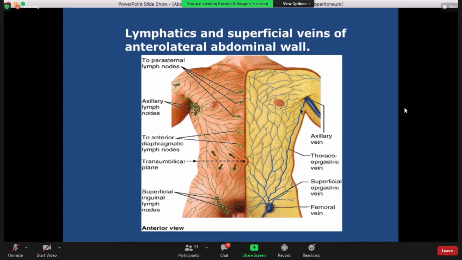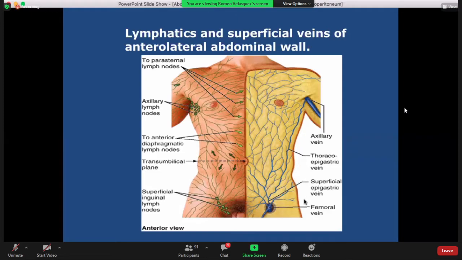This can get huge and tortuous in the subcutaneous layer. As you can see, this is fat, so it is located subcutaneously. So this will be very prominent for any pathology or obstruction along the path of its drainage, the femoral vein to the vena cava system.